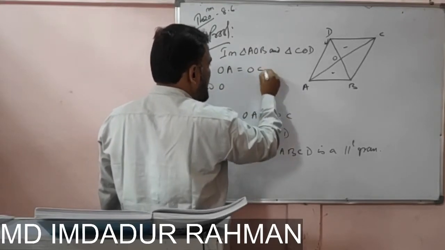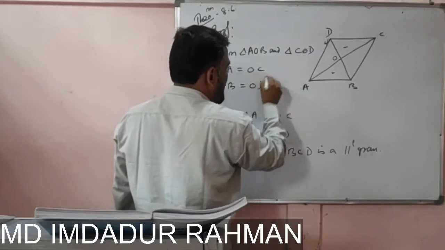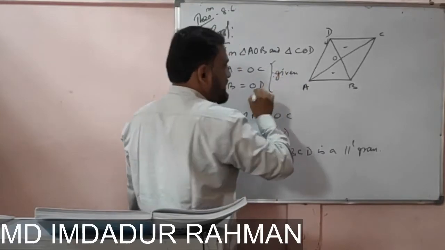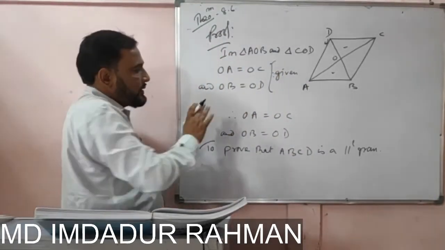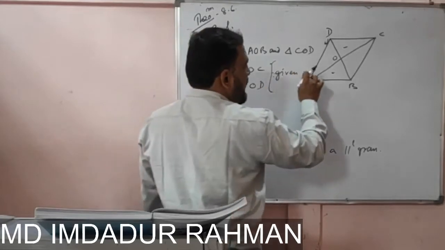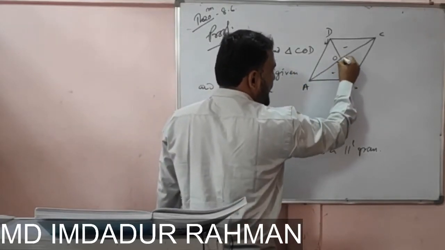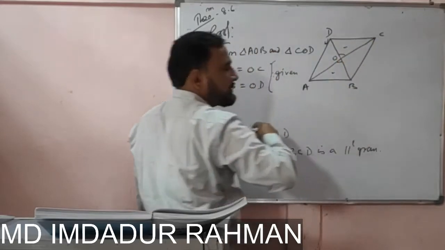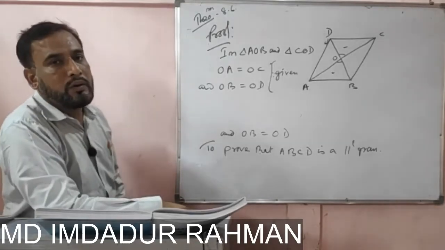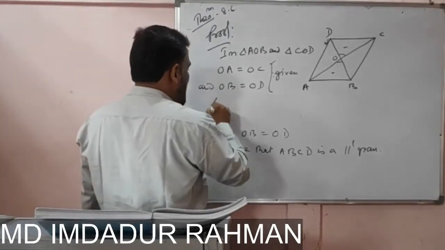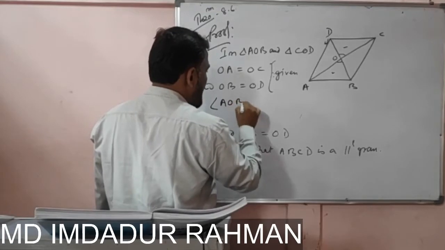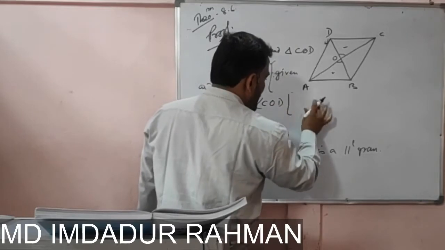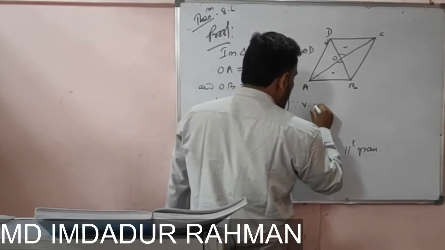OA is equal to OC and OB is equal to OD, because it is given in the question that the diagonals bisect each other. Then the third part: angle AOB is equal to angle COD. Both are part of the two triangles. Reason? Vertically opposite angles.